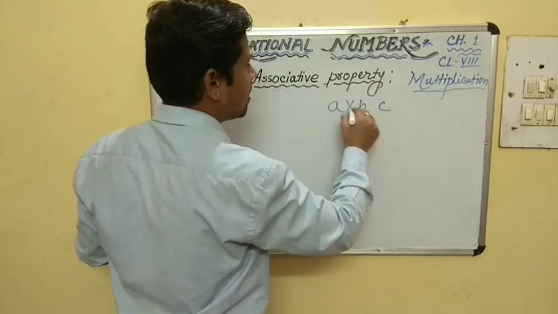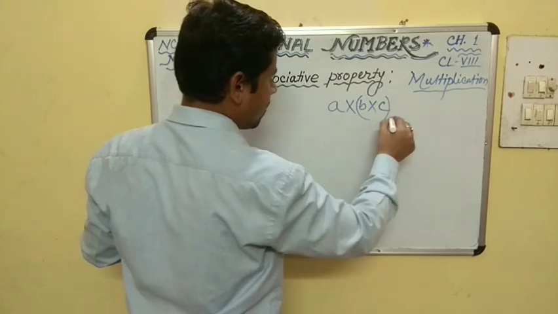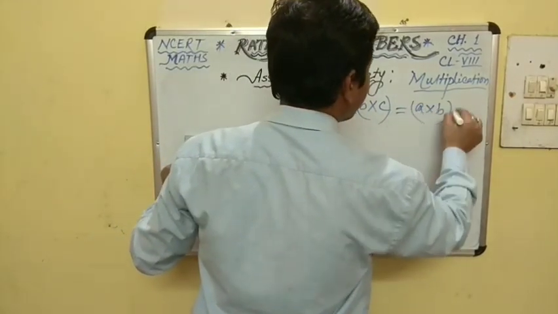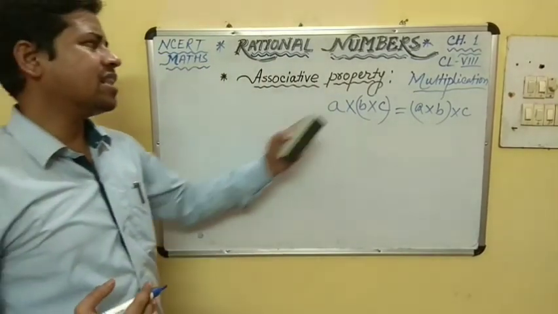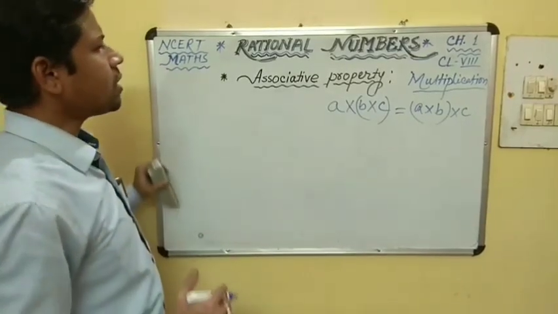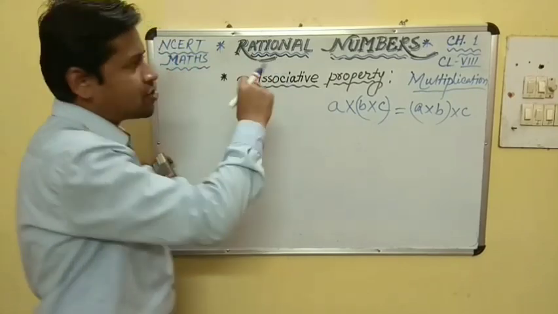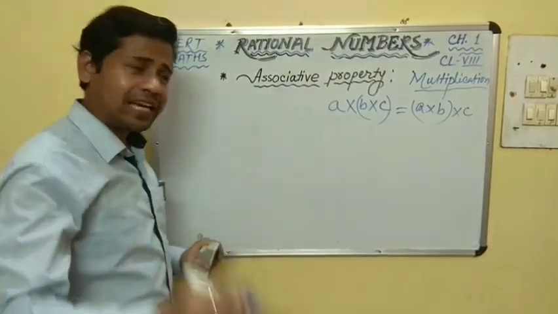If we multiply them in this order, that a into (b into c) is equal to (a into b) into c, then if both of them are equal, we can say that rational numbers are associative under multiplication. So let's check by taking some examples.